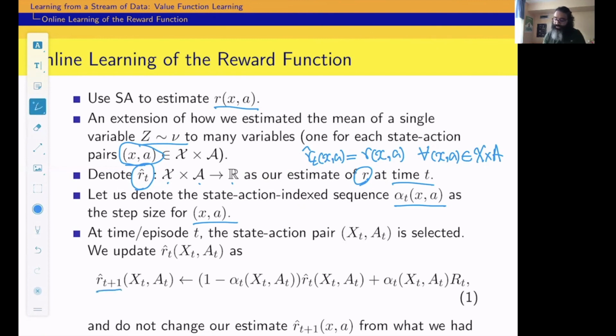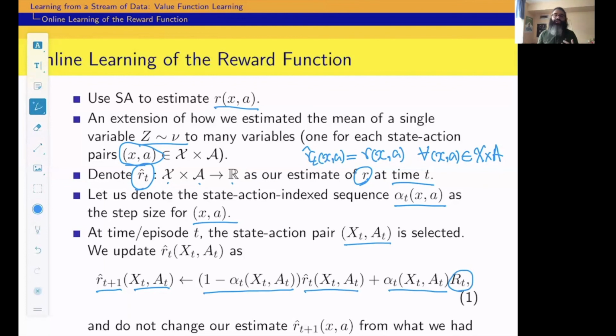When I observe x t and a t, we update the estimate of r by just updating the value at x t, a t, with this update rule: 1 minus the learning rate at that state times the previous value, plus the learning rate times r of t, where r of t was from that specific x and a.